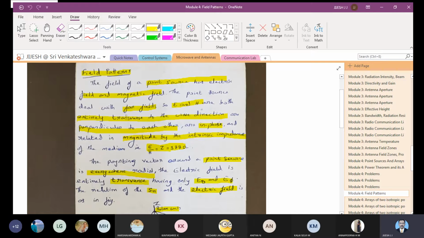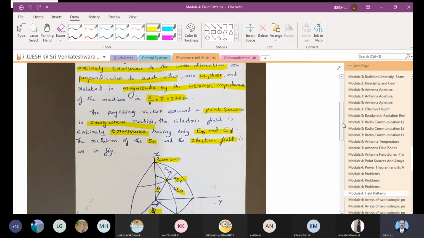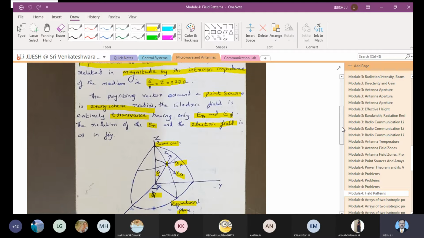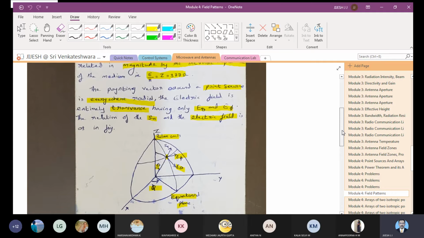E and H are both entirely transverse and the wave directions perpendicular to each other. So E divided by H, you can say that the ratio of E by H is Z, and it's a known value that it is 377 ohms. So the E theta and H phi, E phi can be considered as the transverse electric field here.